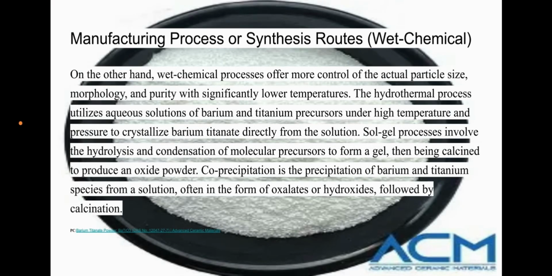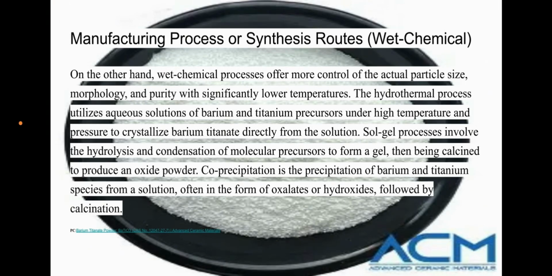Manufacturing process or synthesis routes: wet chemical. On the other hand, wet chemical processes offer more control of the actual particle size, morphology, and purity with significantly lower temperatures. The hydrothermal process utilizes aqueous solutions of barium and titanium precursors under high temperatures and pressure to crystallize barium titanate directly from the solution.